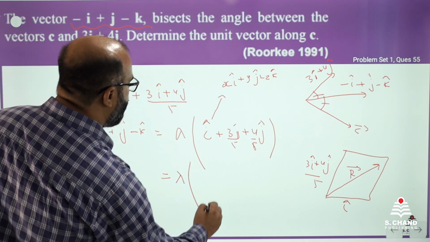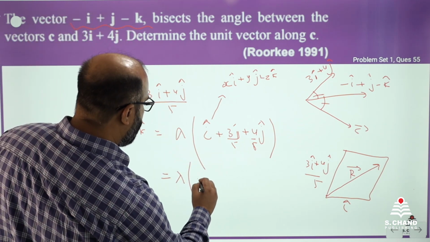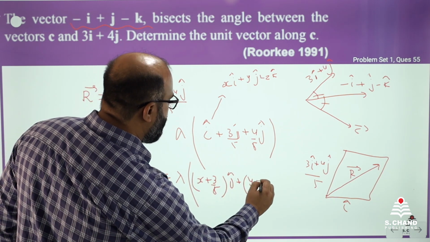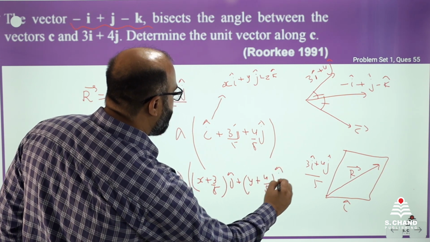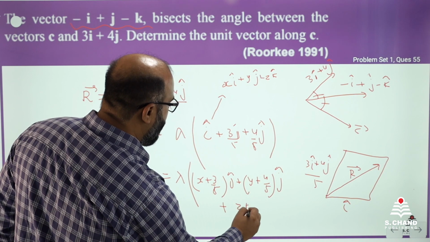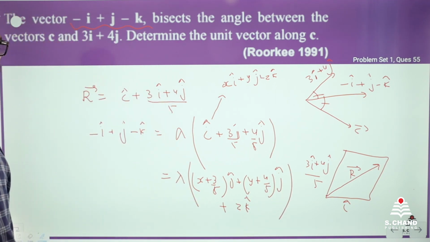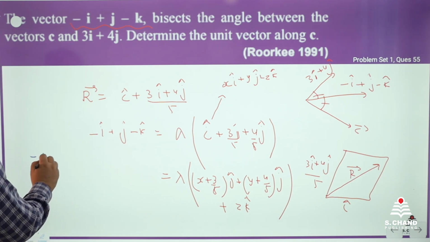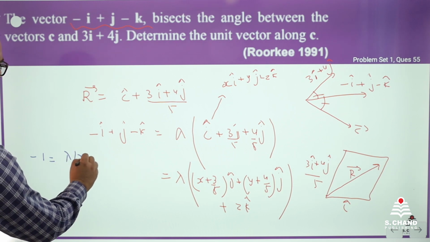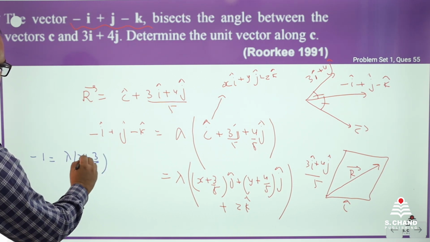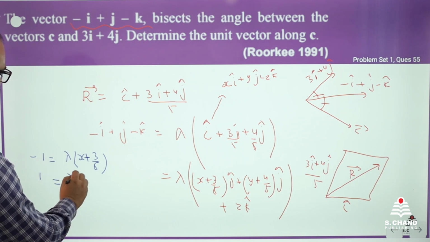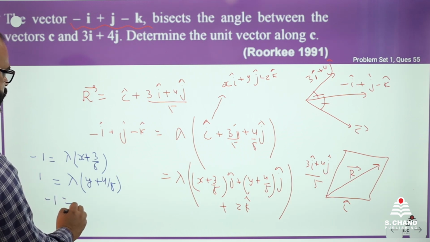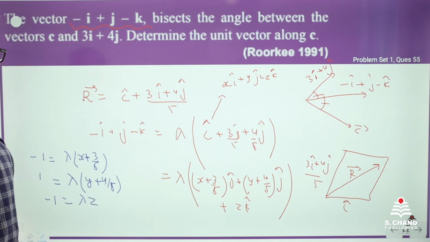So lambda into C is (x plus 3 by 5) i cap, (y plus 4 by 5) j cap, plus z k cap. Now if you equate them, what you get is minus 1 is equal to lambda into (x plus 3 by 5), 1 is equal to lambda into (y plus 4 by 5), and minus 1 is equal to lambda into z. This is how we can write it.